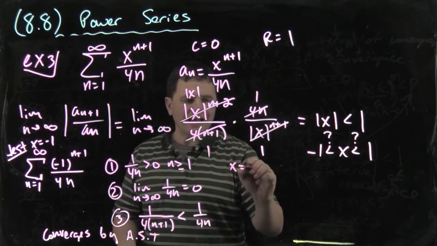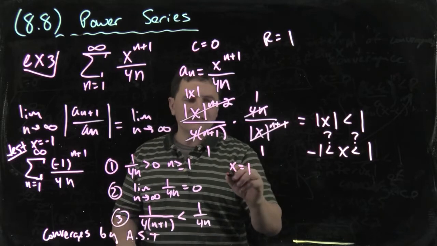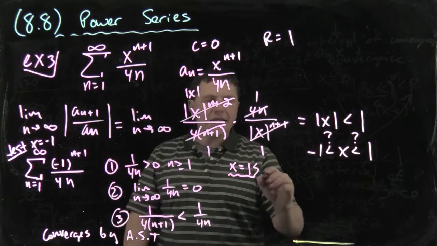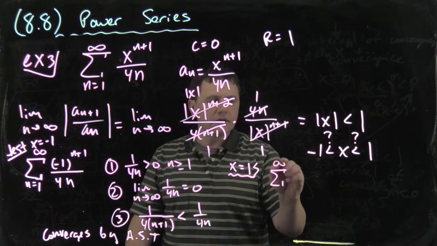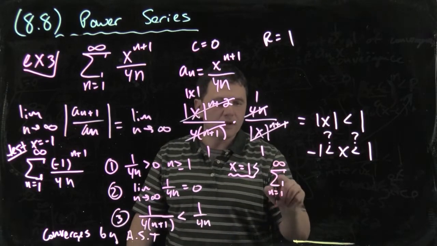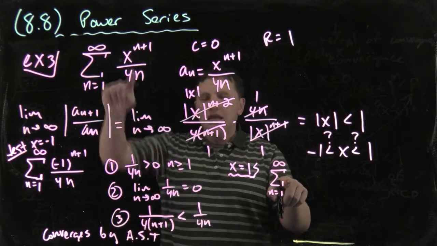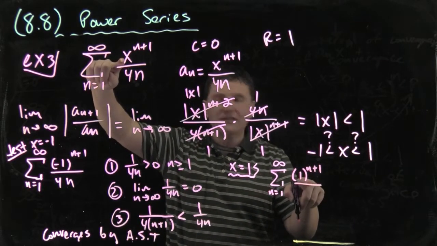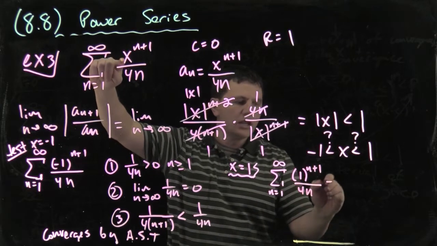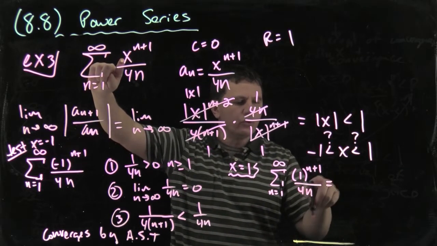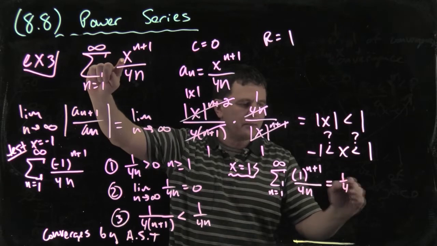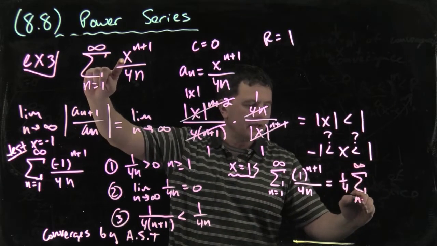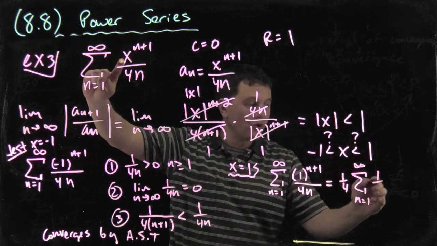Now let's see what happens at x equals 1. So at x equals 1, we're going to test this. And what I'm going to get is sigma n equals 1, the bottom limit, to infinity. If I plug 1 into this, I get 1 to the n plus 1. Realize that that just is 1, right? So this is just simply equal to, let's rewrite this in a way that I'll just apply p-series, 1/4 sigma n equals 1 to infinity of 1 over n.